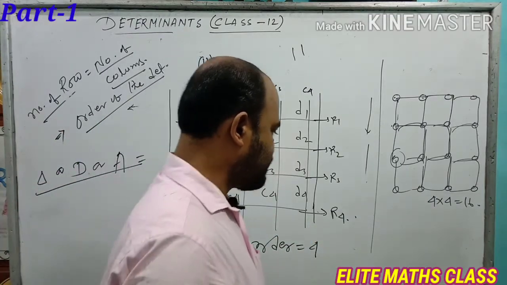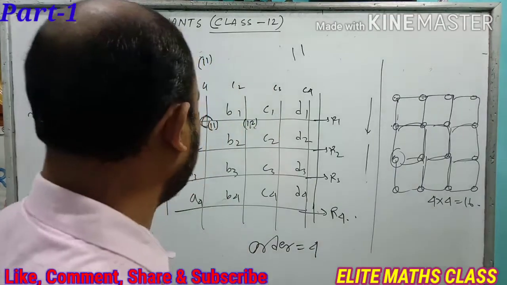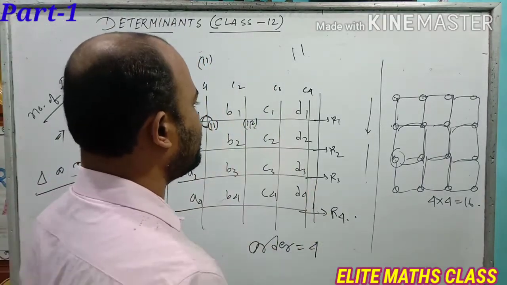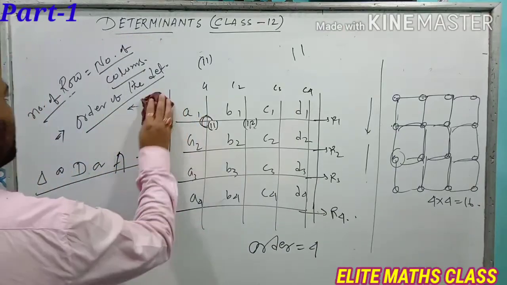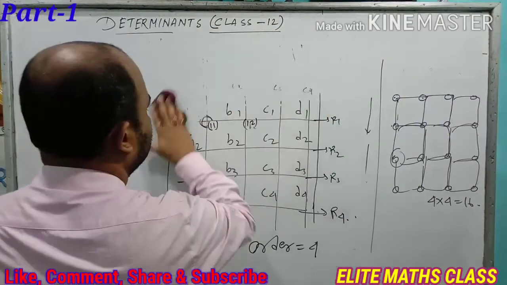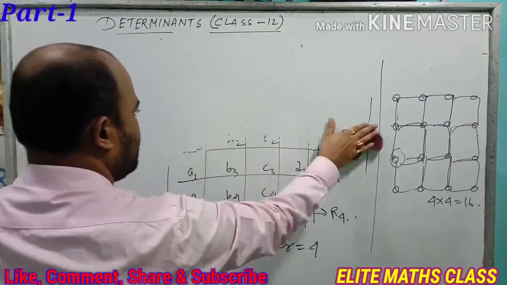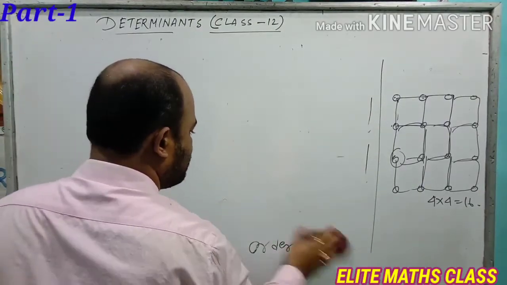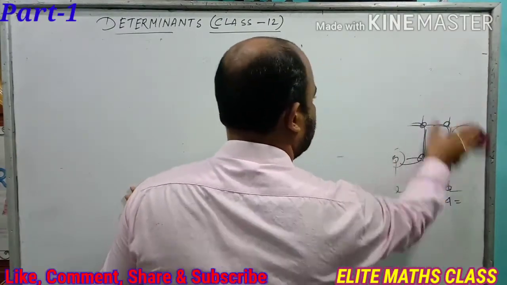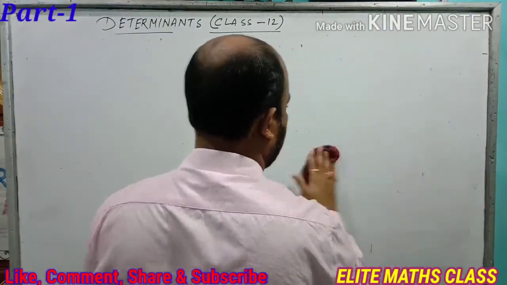In your syllabus actually there are only 2 by 2 and 3 by 3 determinants. 4 by 4 order determinants are not there in your syllabus. So let us start with 2 by 2. Let us start with a 2 by 2 determinant and some properties of the 2 by 2 determinant.